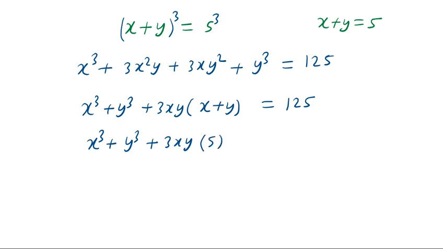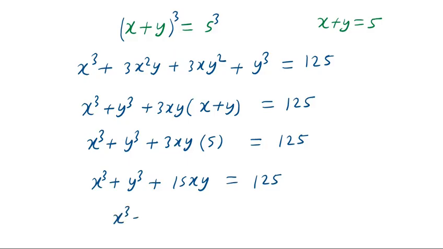So x^3 + y^3 + 3xy times 5, which is 15xy, equals 125. Now the value of x^3 + y^3 is equal to 125 minus 15xy. This is equation number 4.